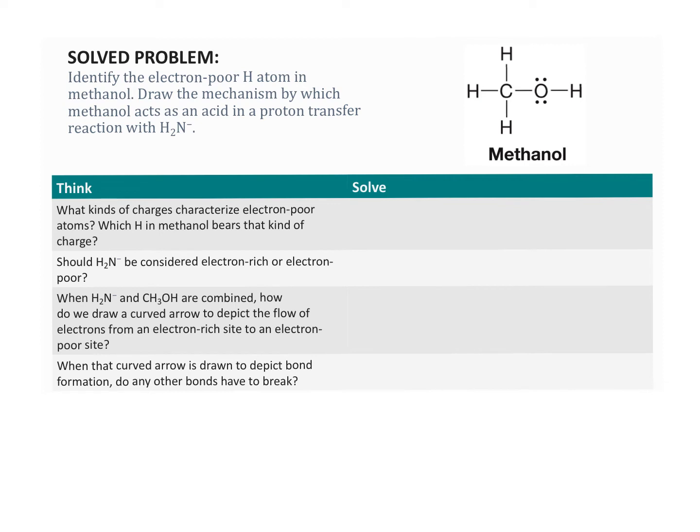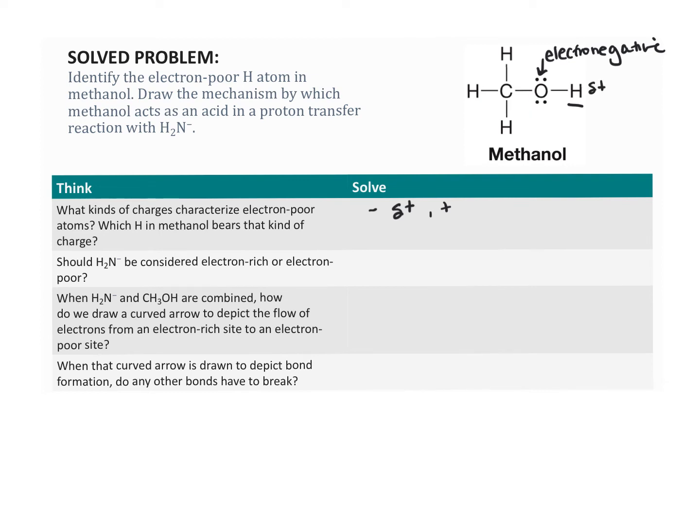When we think about this, an electron-poor atom tends to have a partial or full positive charge, right? Because the oxygen in methanol is really, really electronegative, the attached hydrogen is going to bear a substantial partial positive charge.